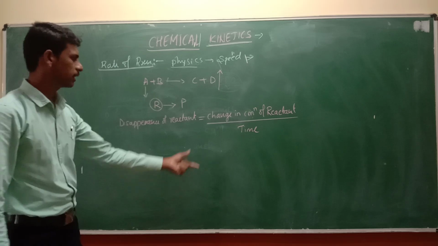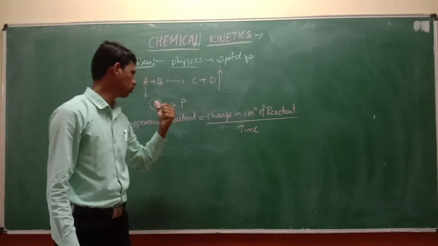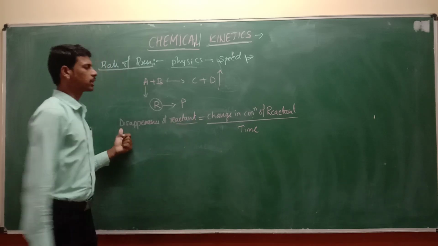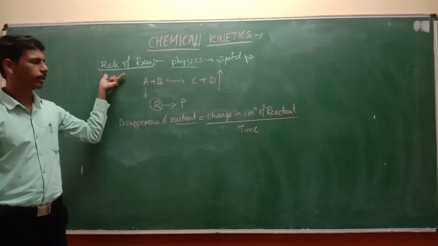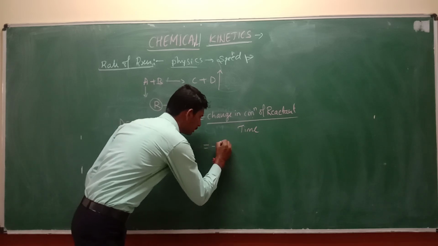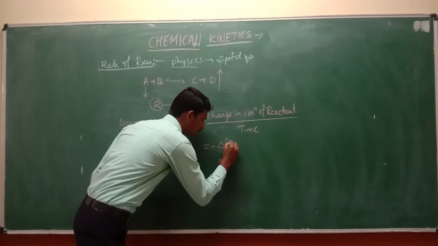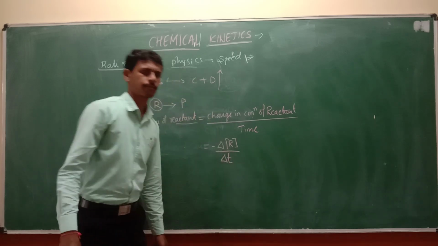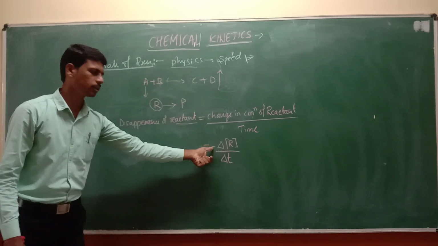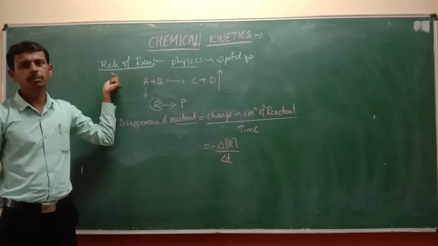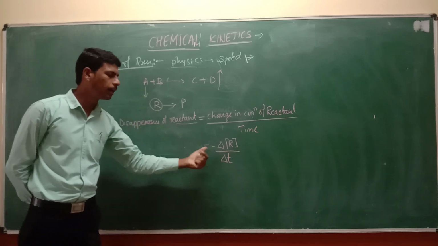If we take this ratio, what do we get? With respect to the disappearance of reactant, we get the rate of reaction. We write it as minus delta of concentration of R divided by delta t. Because the rate of reaction is always a positive quantity, it cannot be negative.